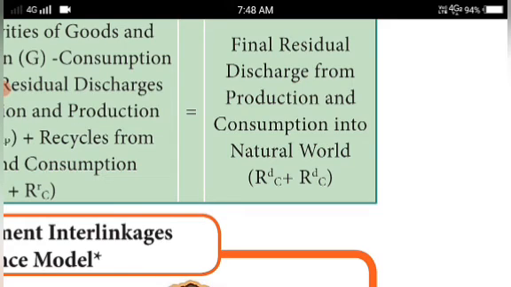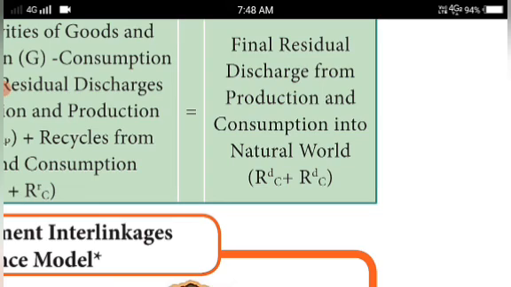Both the wastage from the production area and from the consumption area, meaning the household, go into the natural world. It is denoted as RDC plus RDC. So the material balance approach can be explained through the equation.